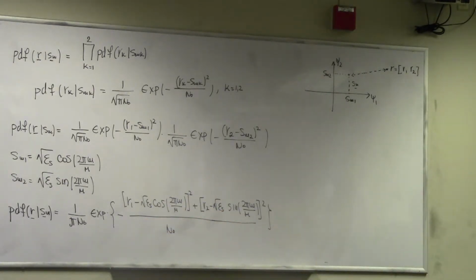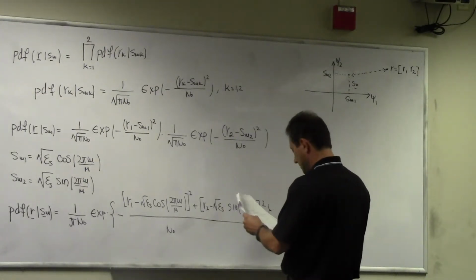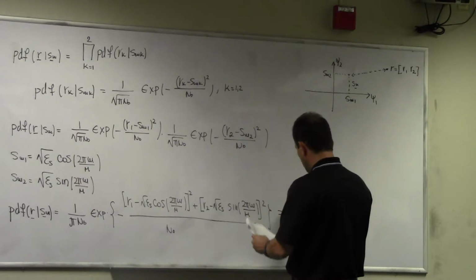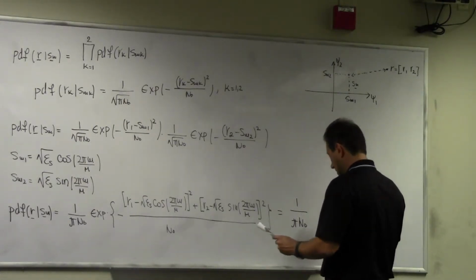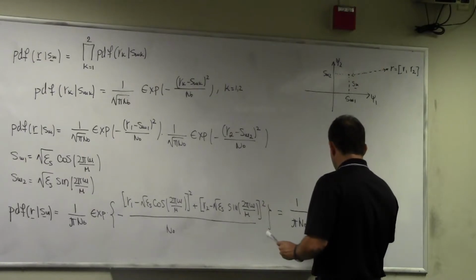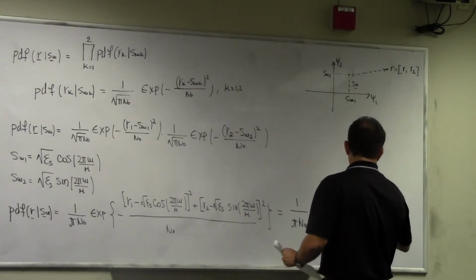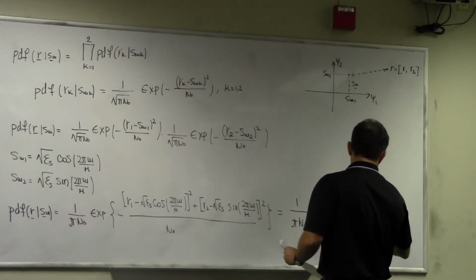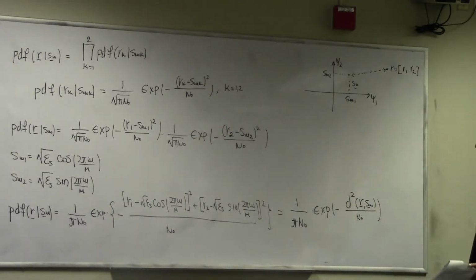All right, so I have essentially this being equal to 1 over pi N0 times e to the minus distance squared between R and Sm divided by N0. So that's the format of my PDF. What is left?